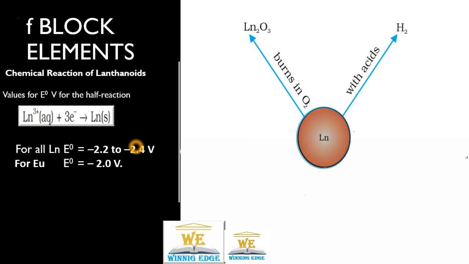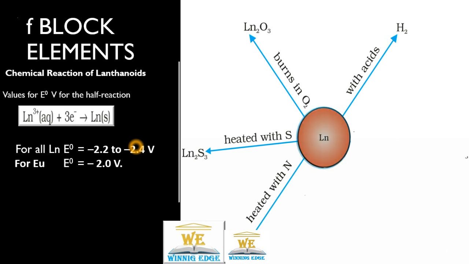Next is reaction with acids. Because of their negative standard reduction potential or standard electrode potential, they liberate hydrogen from acids. With sulfur, if we heat, we get sulfides, in the +3 oxidation state. With nitrogen, we get lanthanoid nitrides.